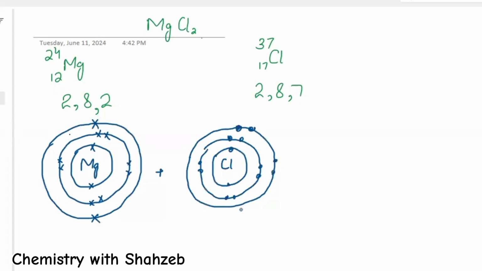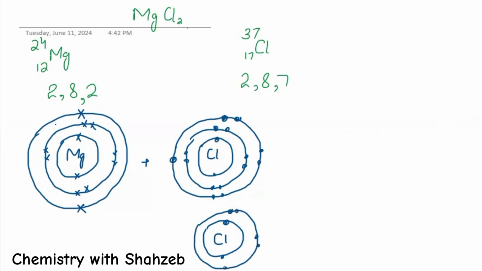We know that magnesium has to lose two electrons, but only one electron can be gained by chlorine. So magnesium is going to combine with two chlorine. First shell would be two electrons, second shell eight electrons, and the third shell seven electrons. One electron from magnesium would be transferred to each chlorine.